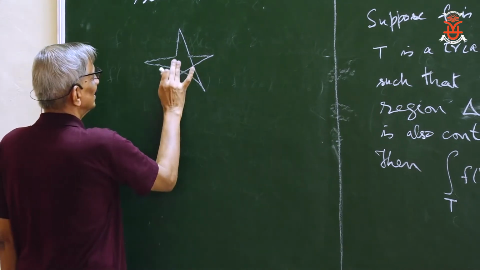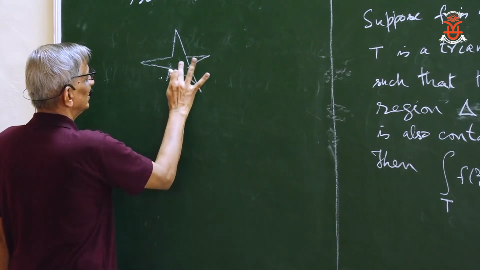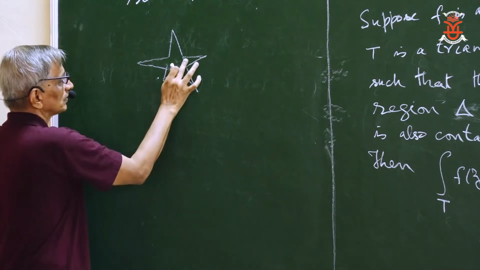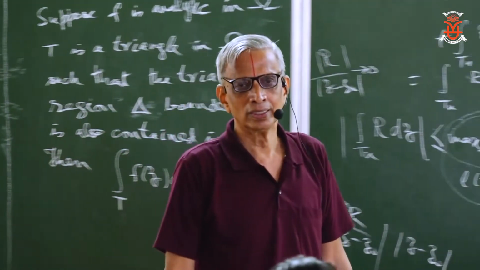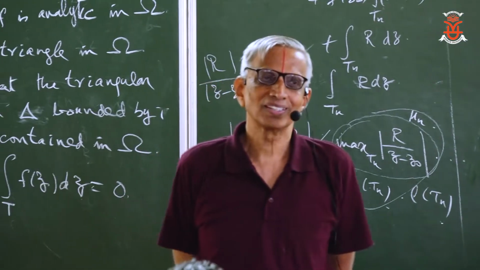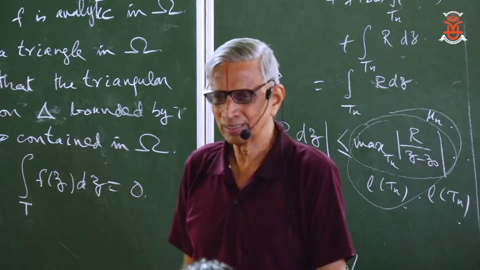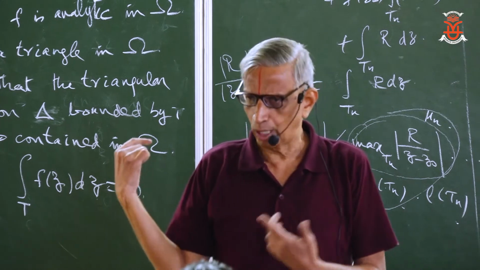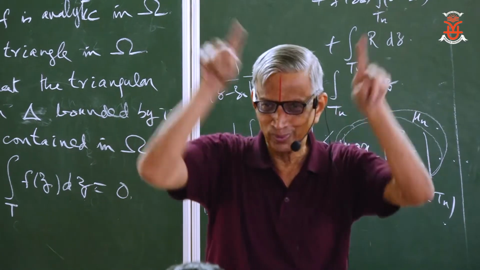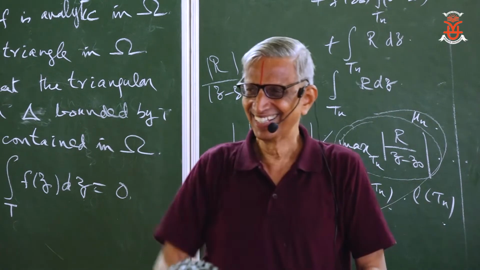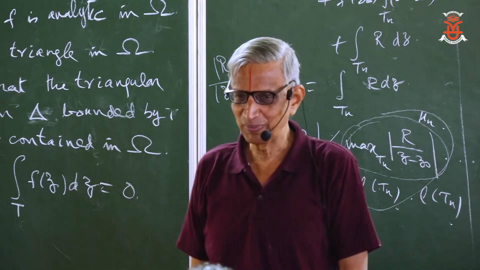Forget all this. So, what is special about such a domain? It's not obviously convex, right? If you take 2 points, the line segment is not going to be there in the domain.